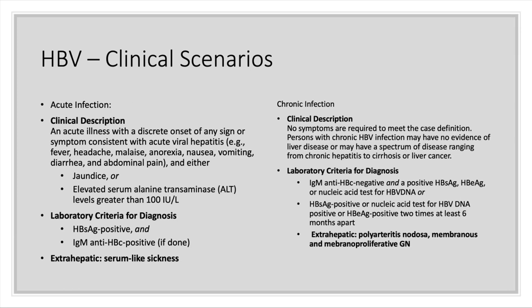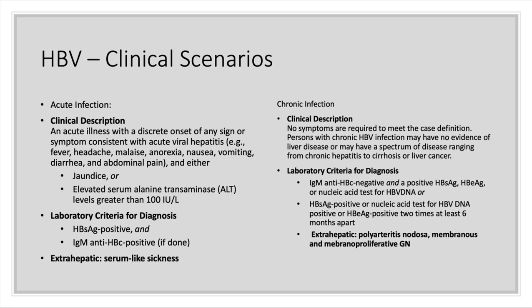There is one extrahepatic manifestation of acute Hep B that you may see, which is a serum sickness-like illness. And so in the absence of those other symptoms, that may also be the initial manifestation. For chronic infection, it's someone who doesn't have any of this, but has laboratory evidence of Hep B. That means they are IgM to core negative.